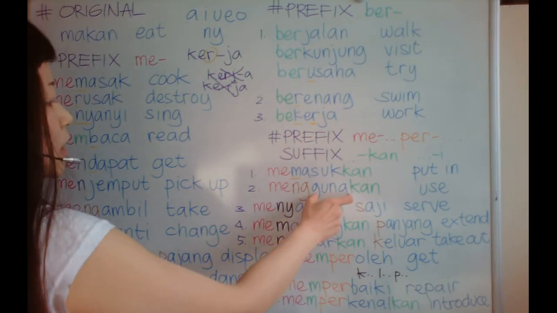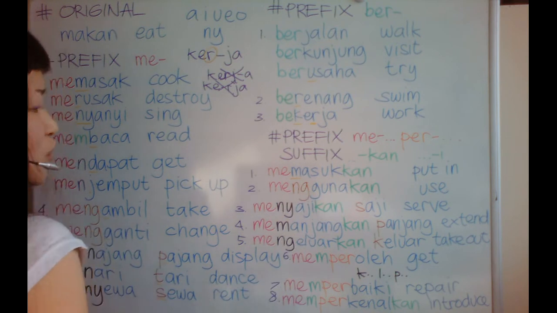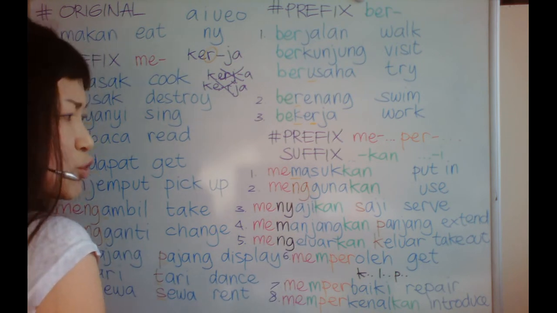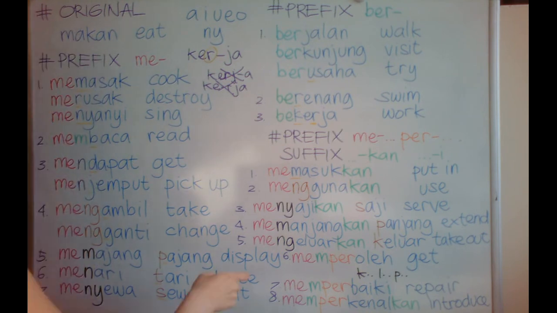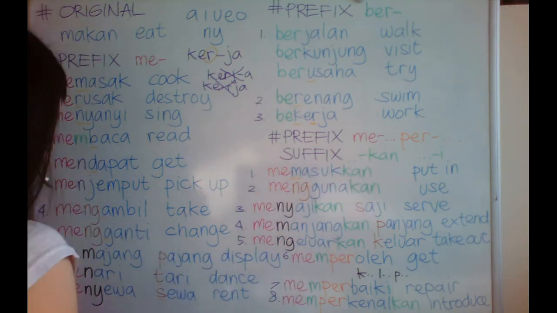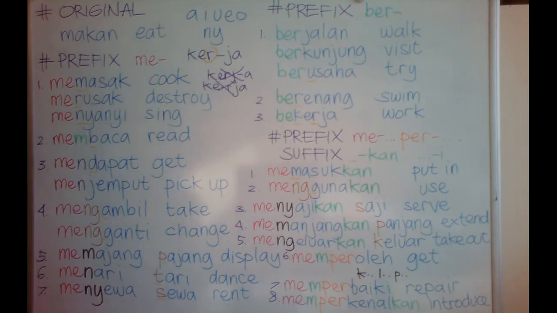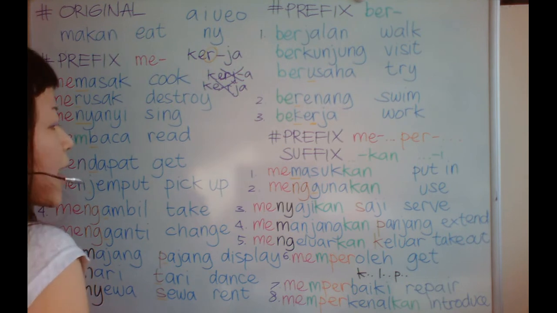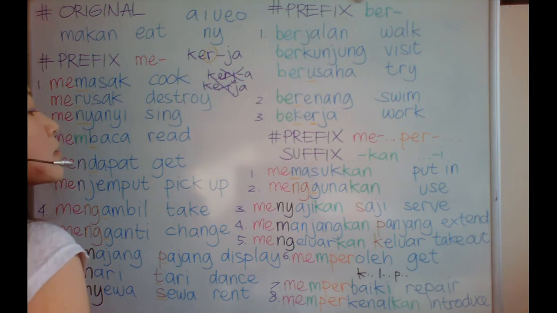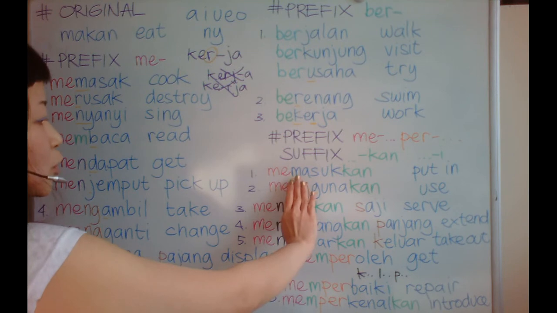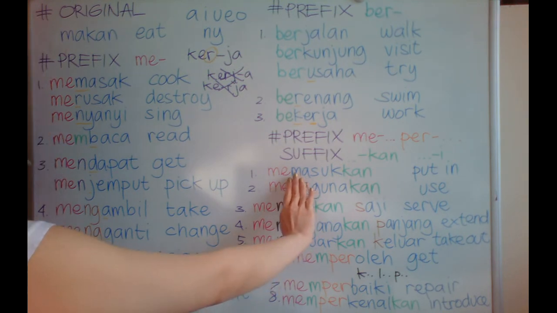This one, guna is function. But if we want to say use, we have to put the prefix and suffix. And this guna started with G. In this case, we cannot put only me and kan. Me kan cannot.